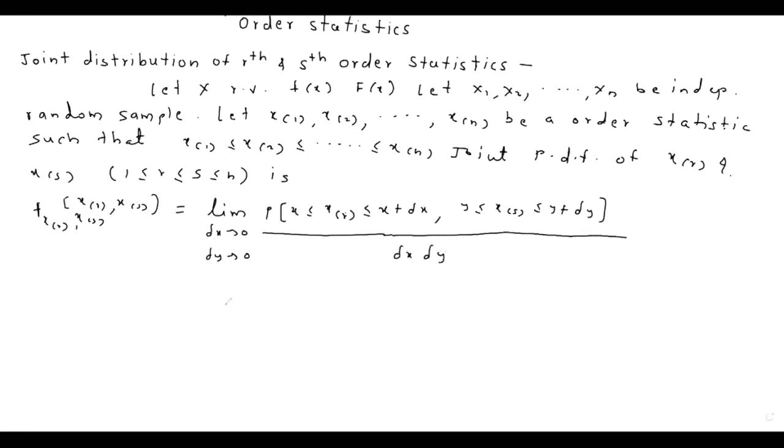Now if you observe the number line, since we have a total of n observations, somewhere the R-th element is present, X of order R, and somewhere further the S-th element is present.